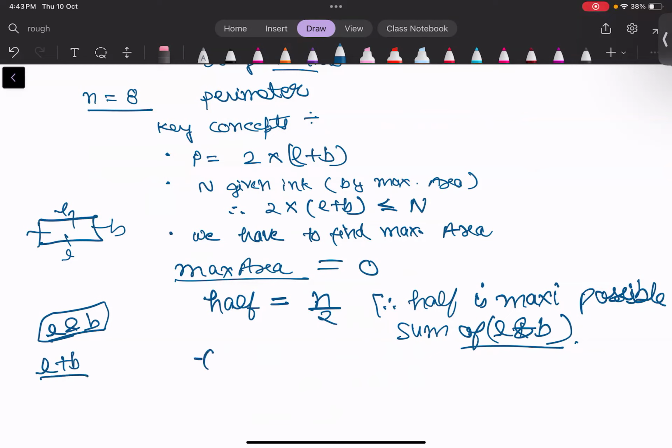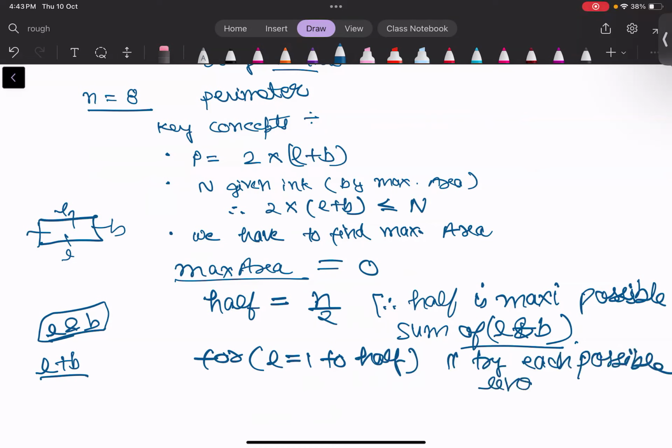Now, iterate for L equal to 1 to half. Try each possible length.